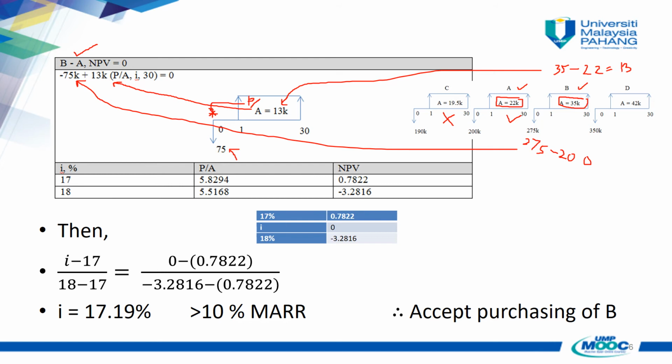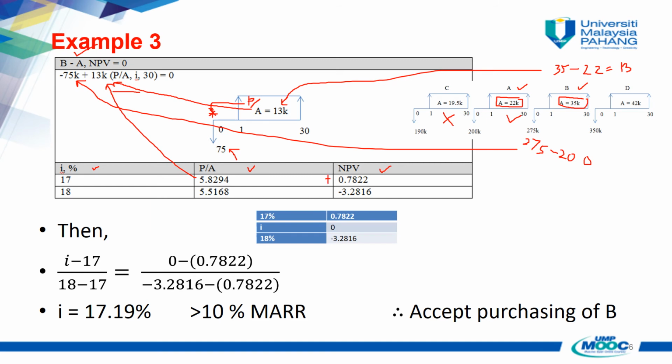Again there, we will make our table. The table consists of our interest rates, our P over A here, and then our collective NPV. I'm greedy enough, I will put 17% directly in this equation, and then I will consider from our compound interest table 5.8294. I insert it inside here, and then I will get our NPV still positive here.